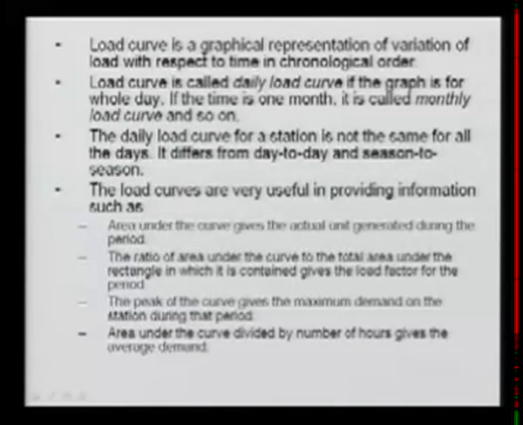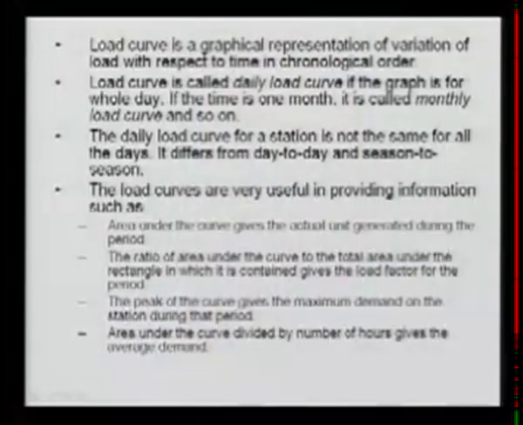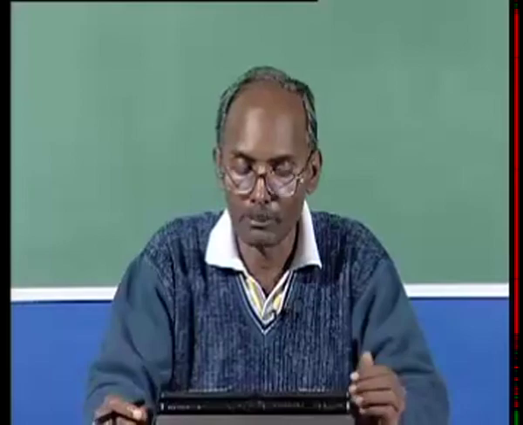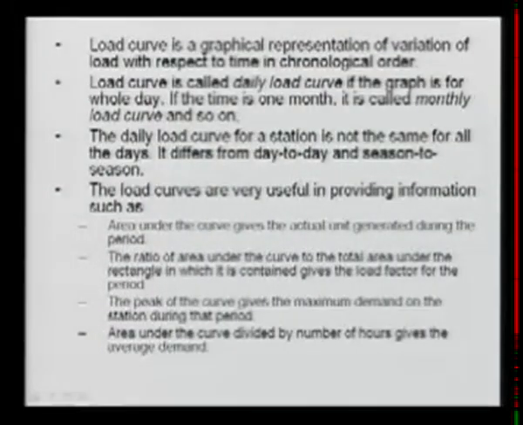It is called a daily load curve if the graph is for the whole day. If your x-axis is for 24 hours, it is a daily curve. If the time is 1 month, from the first day to the 30th or 31st day, then it is called a monthly load curve, and similarly we can go for yearly, for 12 months.